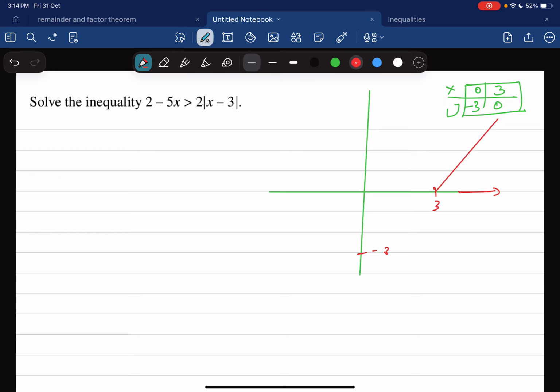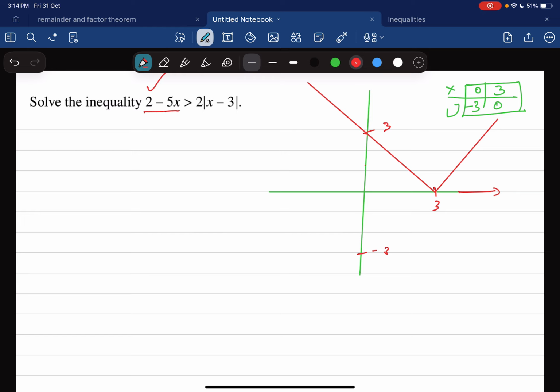This is the absolute part, so we have to reflect it. Then 2 minus 5x: the gradient is minus and the y-intercept is 2.